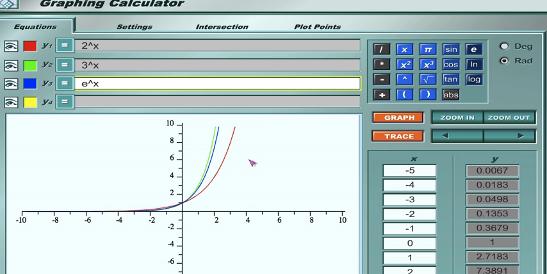It's just being a little ornery, so it's not really letting me write here, but we can still point it out. Our green one was 3 to the x, which, like we said, was steeper and faster. And again, 2.718281828 is pretty close to 3, so it should be steeper than what 2 was, but not quite as steep as what 3 was. So there is an actual graph for that value.